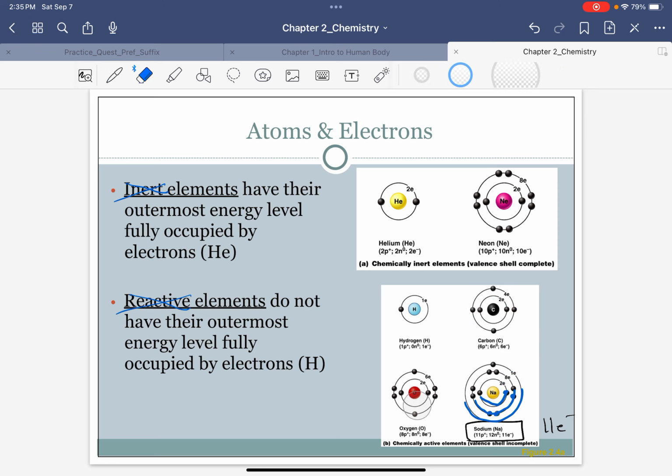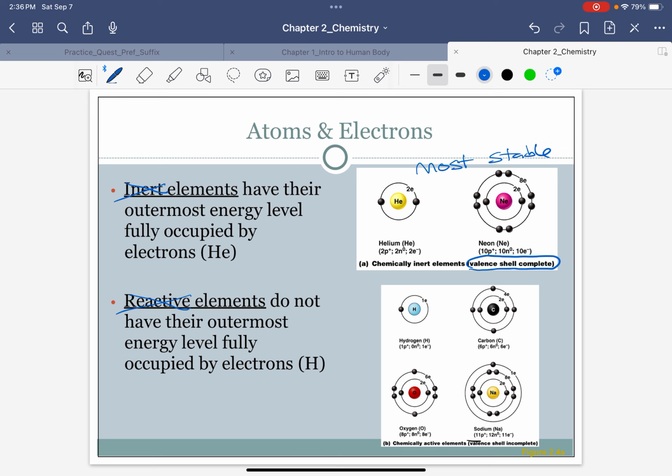It turns out atoms are the most stable when their valence shell is full. Most stable when that outer shell of electrons is completely full.